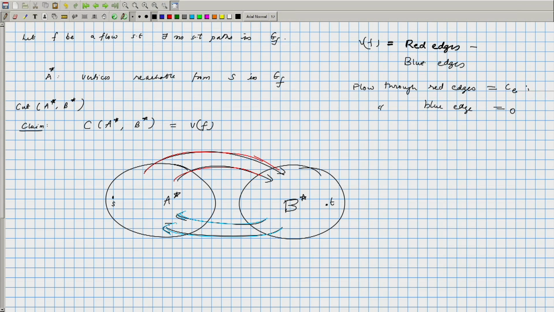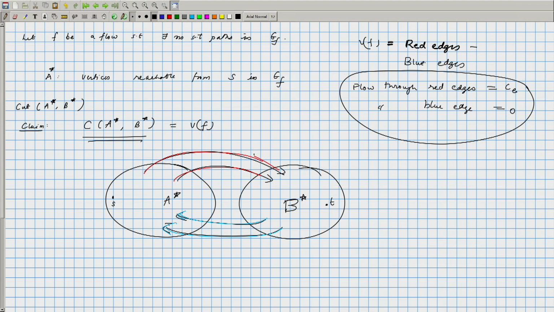Okay. If we prove these two statements, our conclusion follows, because the value of the flow was the flow through the red edges minus the flow through the blue edges, and we need to show that the value of the flow is equal to C(A,B). Okay. In order to show that, we just need to show that red edges are operating at full capacity and the blue edges are operating at 0.